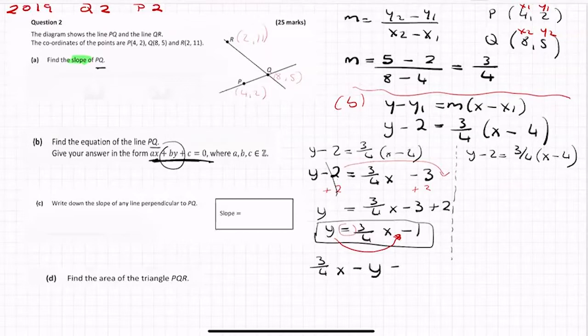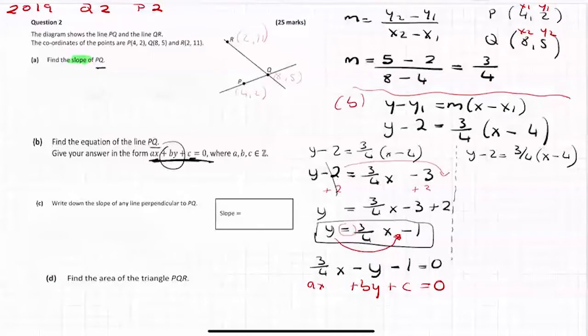Okay, and then the minus 1 stays there. The c is just a number, equals 0. So that is in the form ax plus by plus c is equal to 0. Not that you need to know, but your a is 3/4, b is minus 1, c is minus 1.